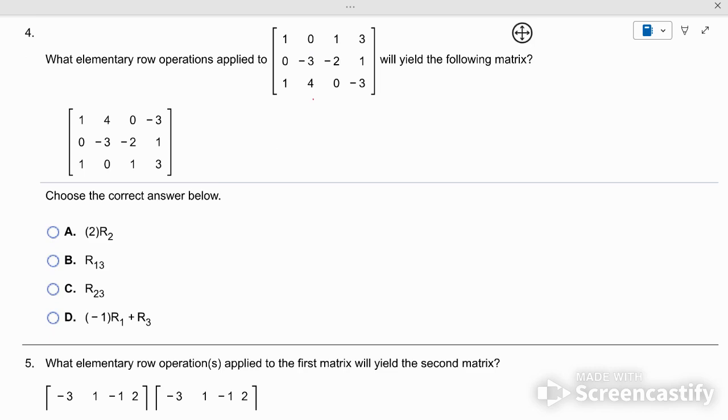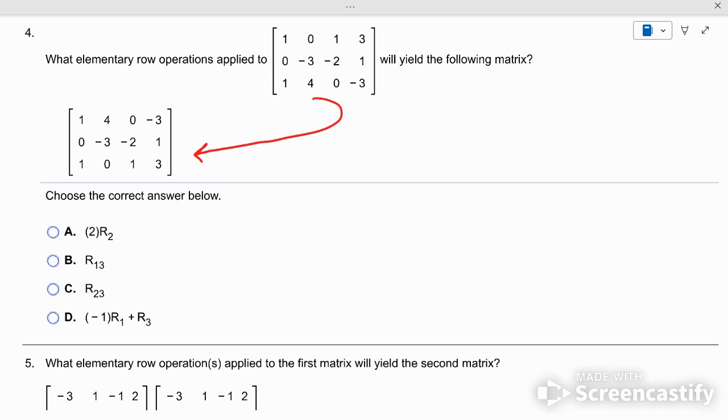Okay, what turns this one into this one? What turns that one into that one? Will's saying D. Because you're switching around row 1 and row 3, right? Okay.